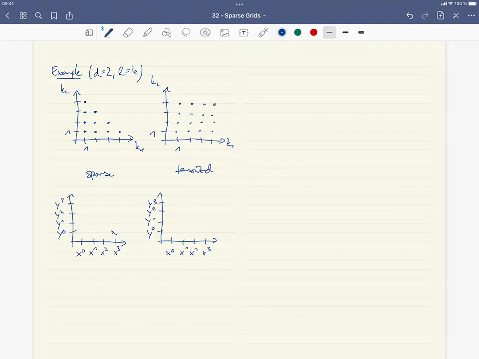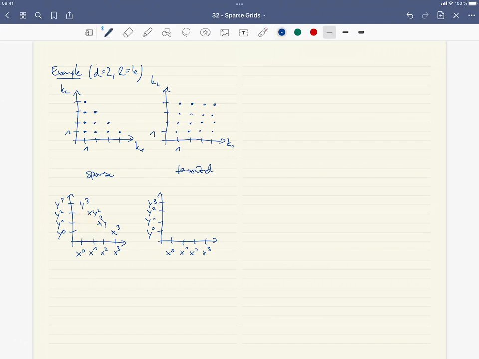The leading-order ones are x cubed, x squared y, x y squared, and y cubed. So you see the polynomials of up to total degree 3 on this diagonal, and down here you see the ones with lower total degree.